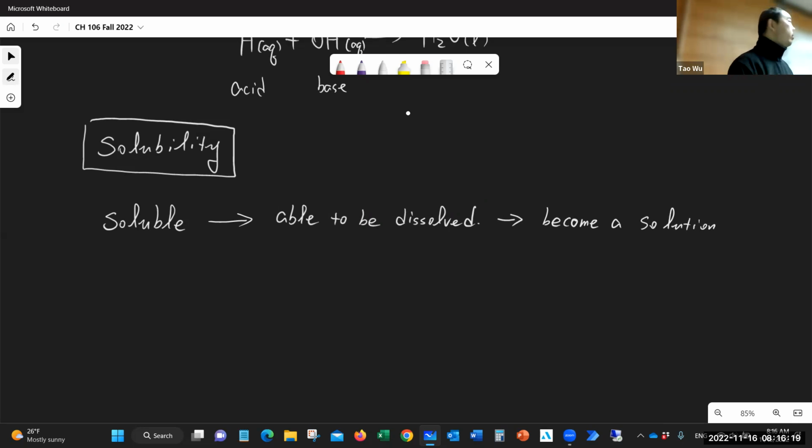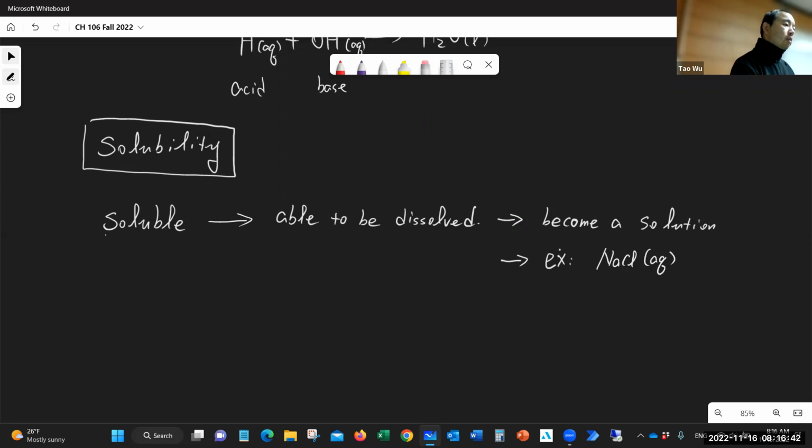They dissolve in water, become a solution, and then when we write the compounds, we add the aqueous label. One example is sodium chloride, and we write AQ.